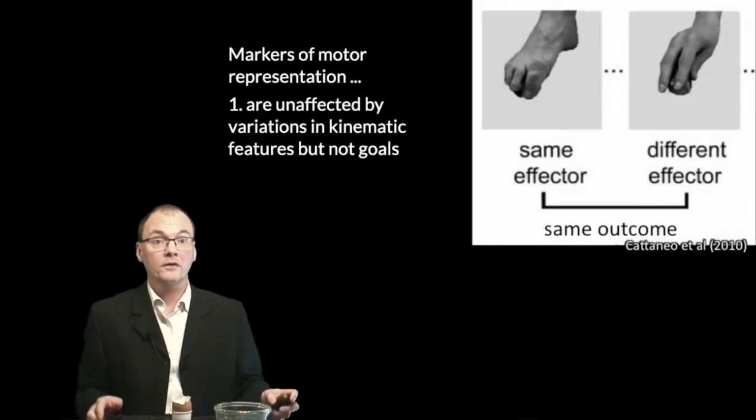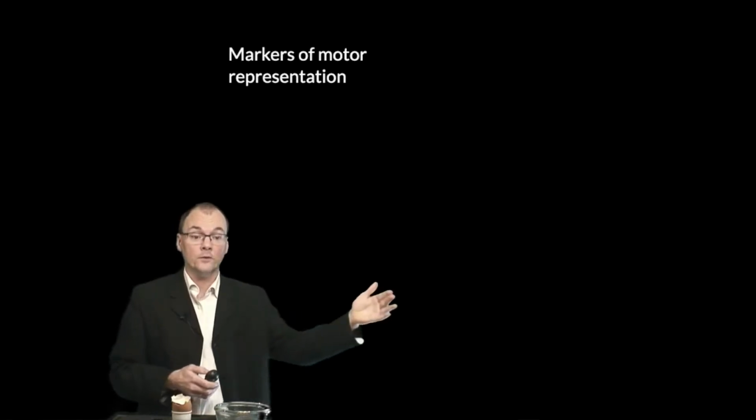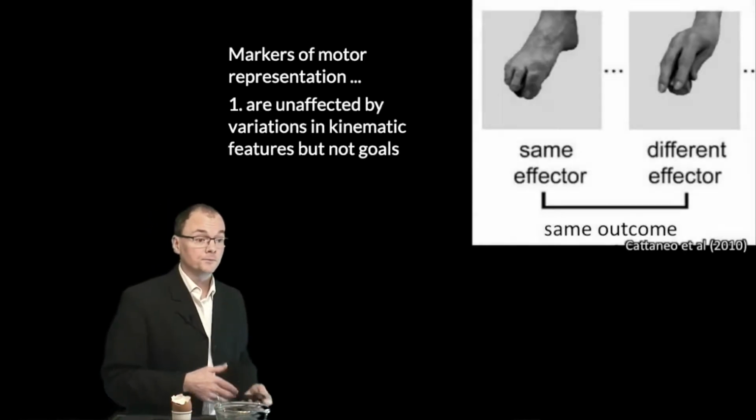So let me give you in summary what we've looked at so far in terms of the evidence. The question is, why do we think that what is represented motorically is not merely joint displacements and bodily configurations, but rather outcomes such as the grasping of an object or the moving of an object from one place to another, outcomes which involve actions, outcomes that we could call goals.